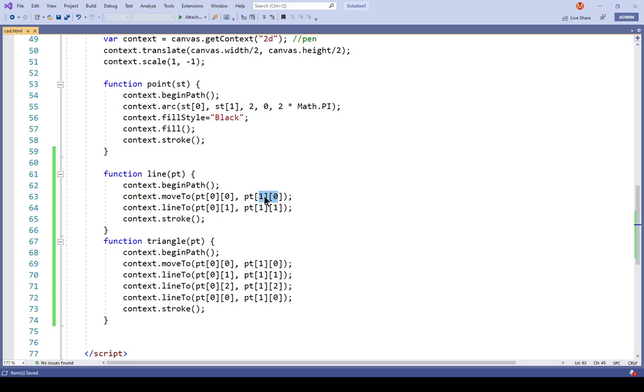And draw line 2. So I have to refer to the second column. The first row, second column is the x coordinate of the second point, and the second row of the second column is the y coordinate of the second point. So I hope you got this, the notation of a point. Just let me know.